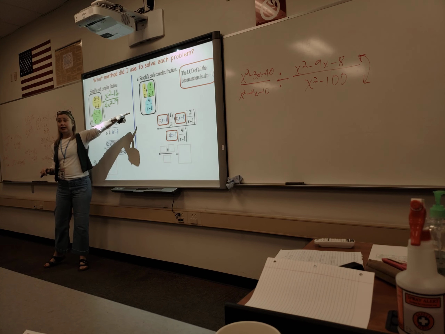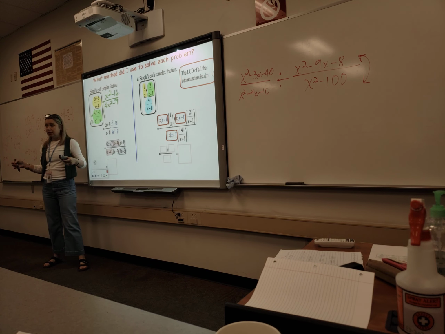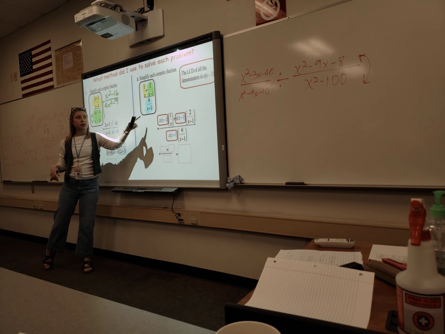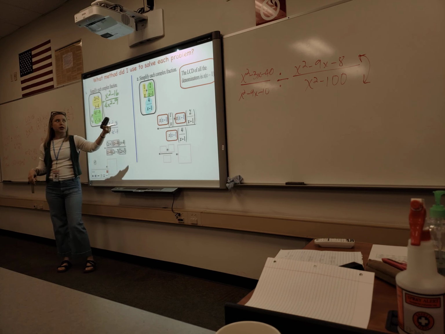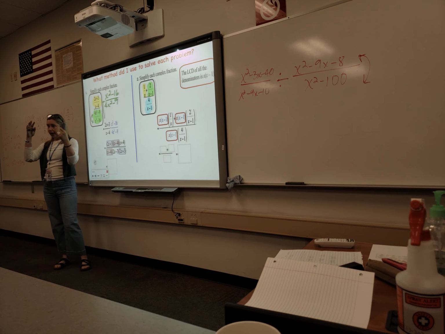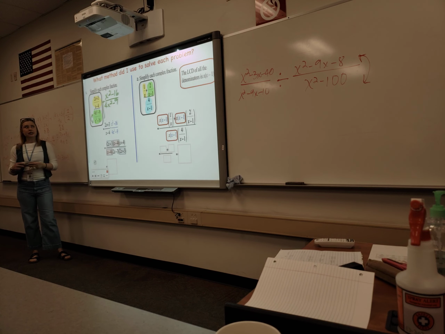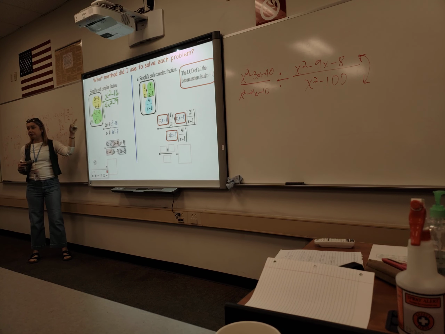But you can't do that here, okay? And it doesn't help you, okay? It's best to combine these fractions first. Get rid of the fractions by multiplying by that combined LCD, and then simplifying down, okay? You see how that's why they're different.